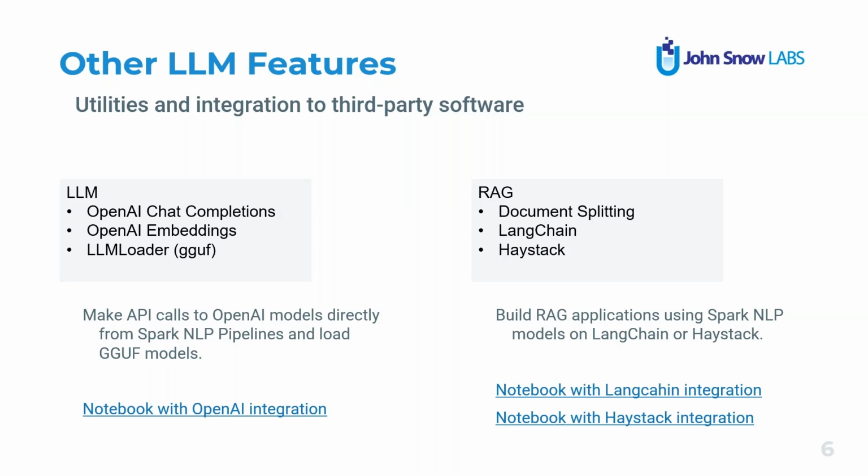And then we can connect to LangChain or Haystack to use our models inside them. If you are familiar with those tools, we have connectors that can be used to use our models from Spark NLP and work with LangChain or Haystack. And you can find the notebooks with examples on how to do that.